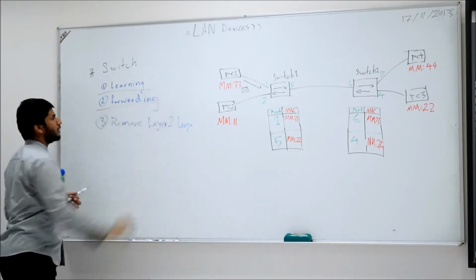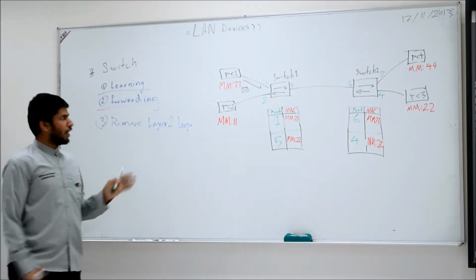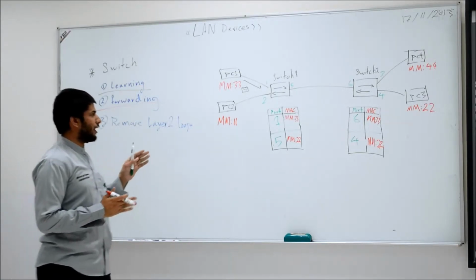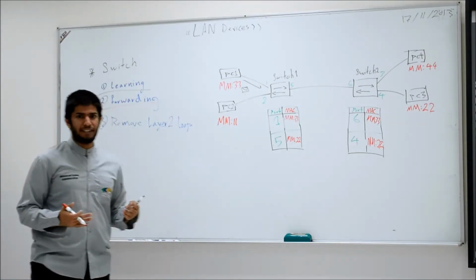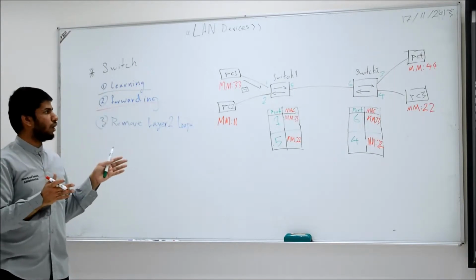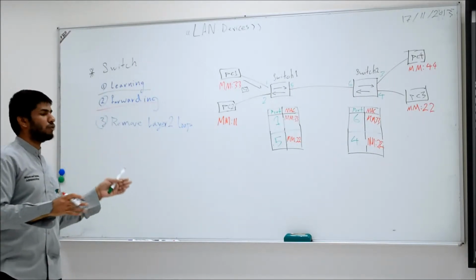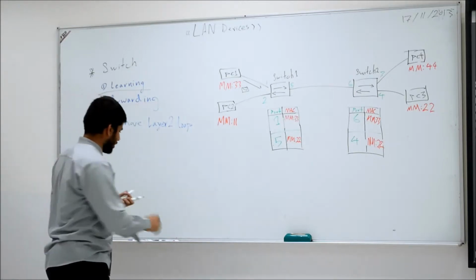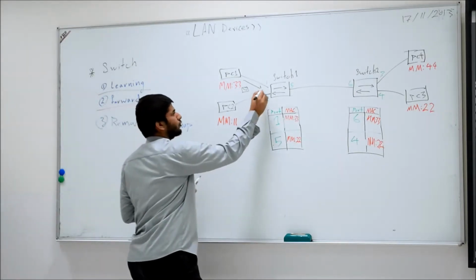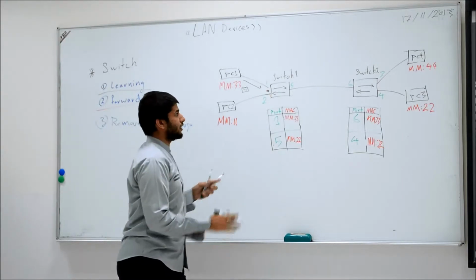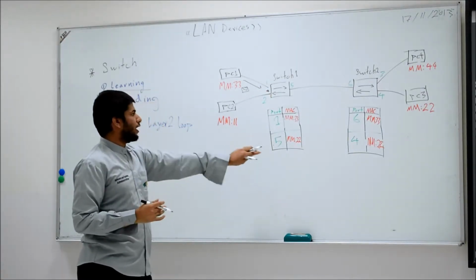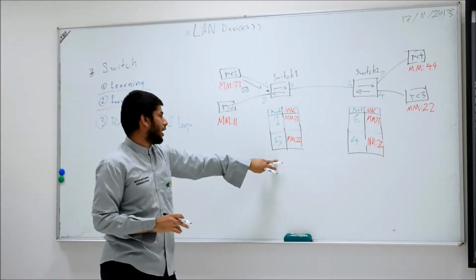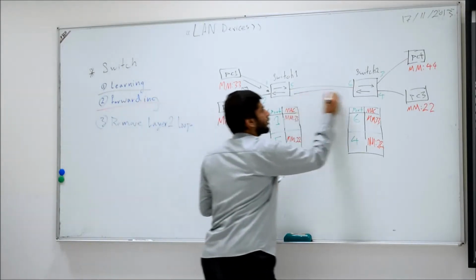Now we will go on to forwarding. Here we have forwarding. Now switch 1 knows the port and MAC address of the PC3 device and PC1. So now it forwards the packet. After that, it knows the MAC address of PC3. It will say, okay, at port 5 it will send it.